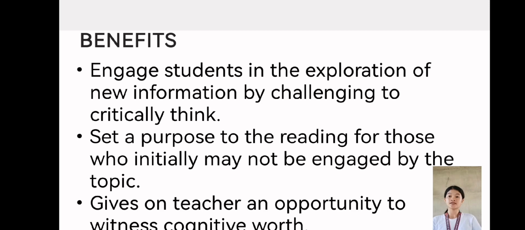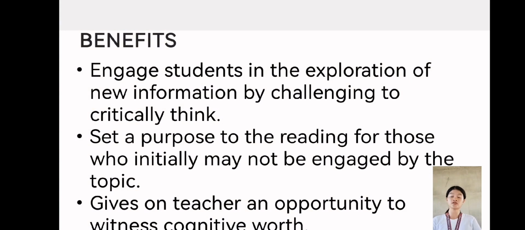Second, set a purpose for reading for those who initially may not be engaged by the topic. The purpose of the statements in the story is to build engagement and interaction for these students. Third, give the teacher an opportunity to witness the cognitive work.